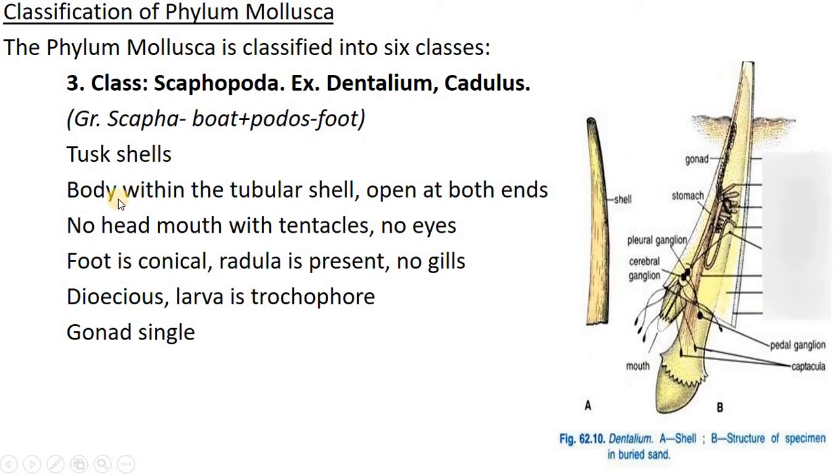The soft body is within the tubular shell, and this tubular shell is open at both ends. This animal is a burrowing form, ecologically adapted to burrowing in the soil where the marine shores are.